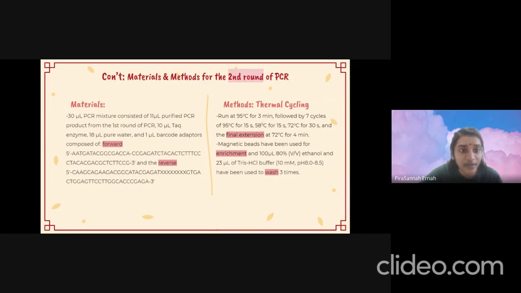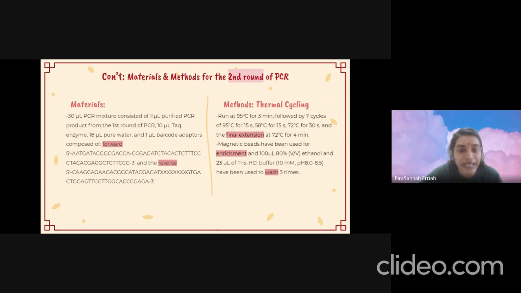And the magnetic beads were used for the enrichment, with 100 microliters of 80% ethanol used, and 23 microliters of Tris-hydrochloric acid buffer, at a concentration of 10 millimolar at pH 8.0 to 8.5, in order to wash 3 times.